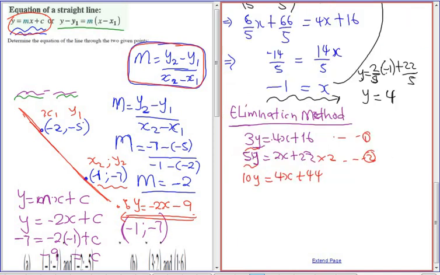So to get going, I'm going to then say this is our equation number 3, and I'm going to use equation number 3 and equation number 1. So I'll just say equation 3 minus equation 1. So to start with, I'll say 10y minus 3y.